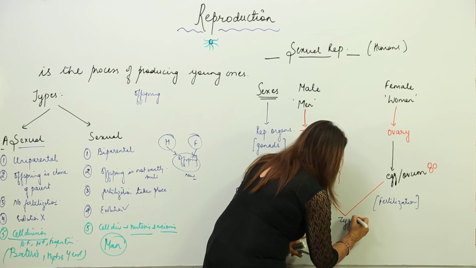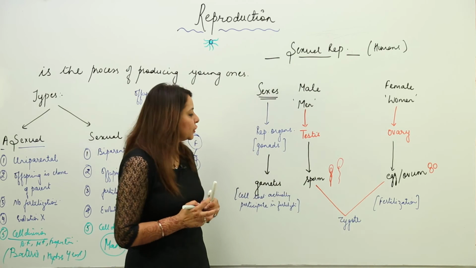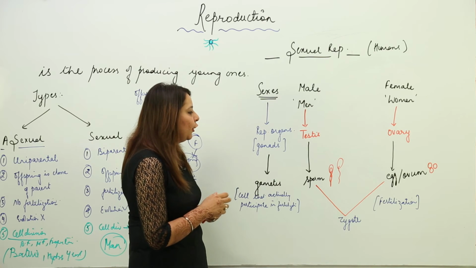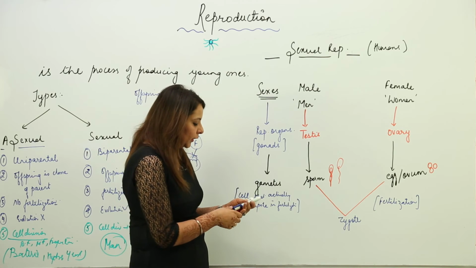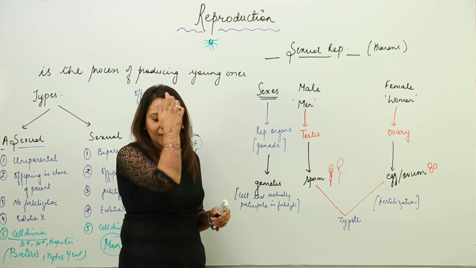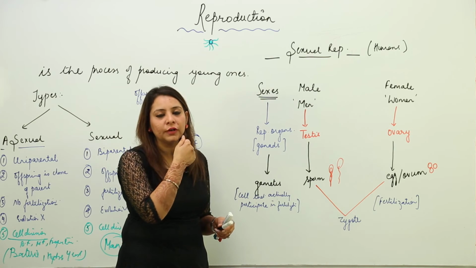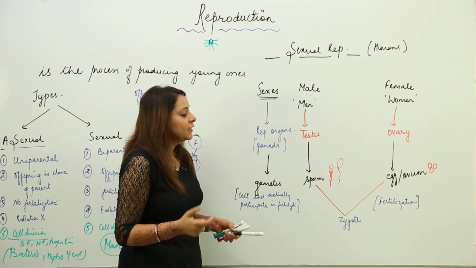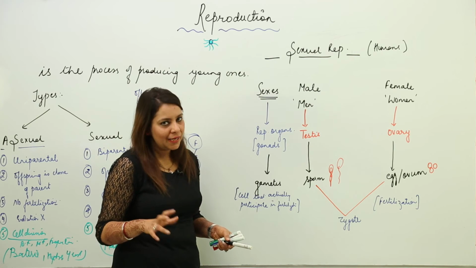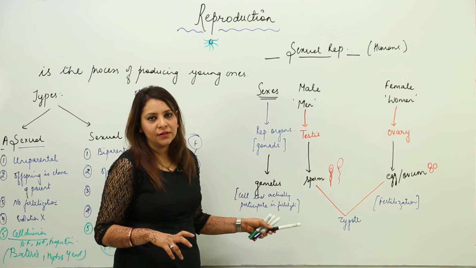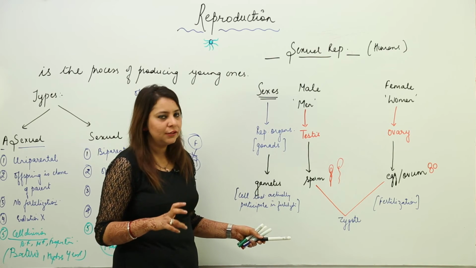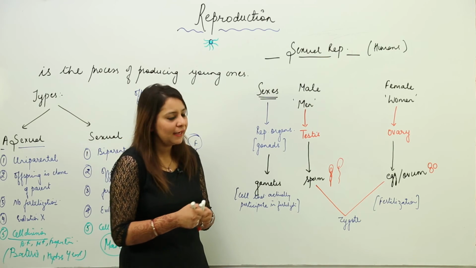The zygote is formed as a result of fusion between the sperm and the egg. You may get a question like: what is the fusion of male gamete with female gamete called? Then you will say the fusion is called fertilization. And secondly, you can get a question: name the first cell formed as a result of fertilization. That is always the zygote.